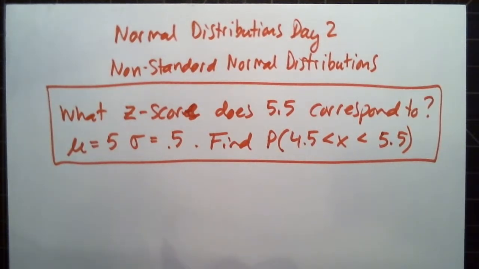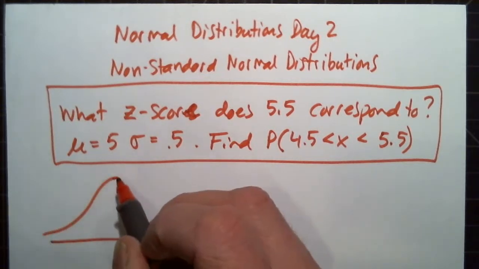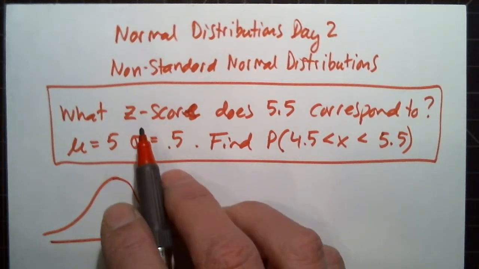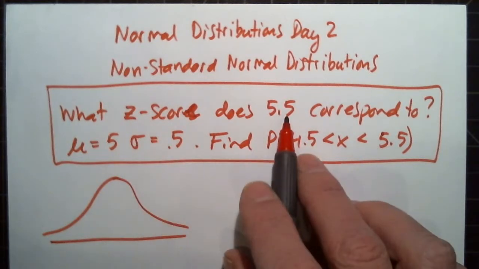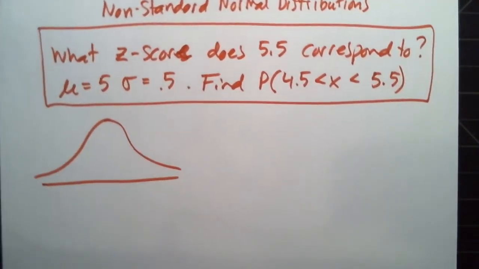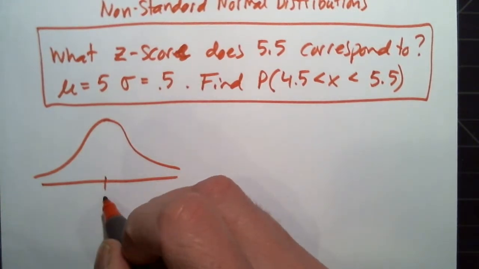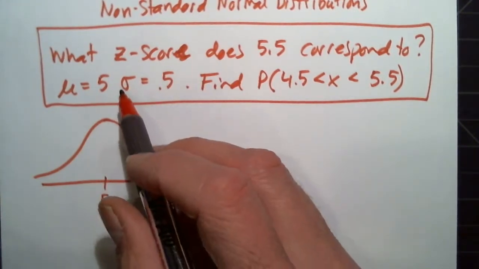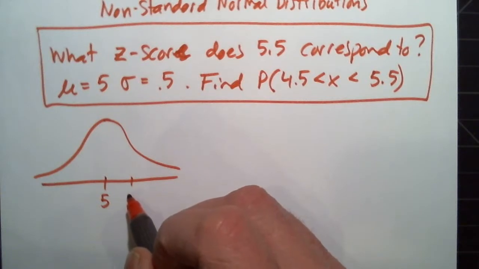So let's look at the graph, and we're trying to find out the z-score corresponding to 5.5. The mean is 5 and the standard deviation is 0.5.